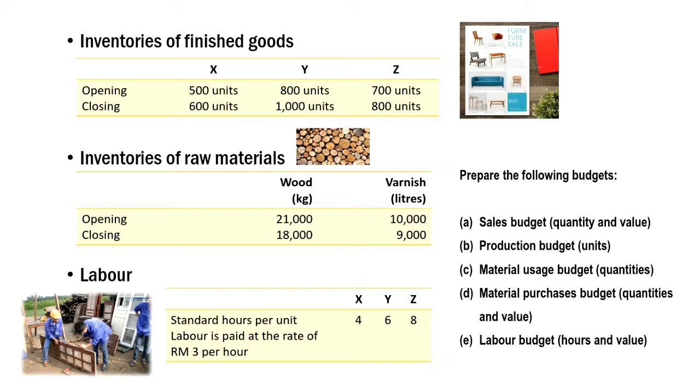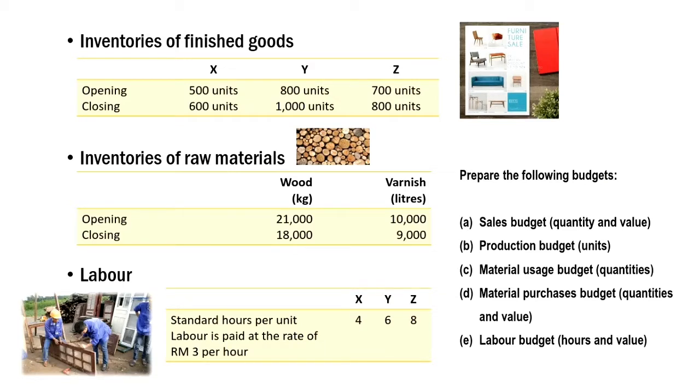So the opening inventory of finished goods is 500 units, 800 units, and 700 units. Opening stock or opening inventories means when we are in a new year, we open the books, we already have last year's stock in our warehouse. So these we call opening inventories.